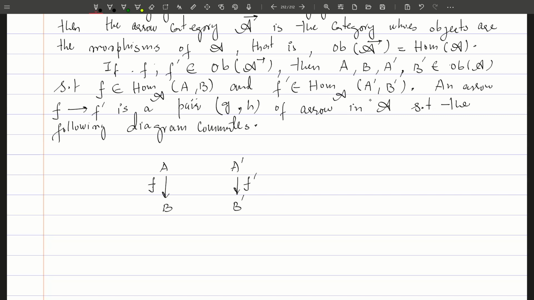We denote that arrow by a pair G and H, where G is an arrow from A to A prime and H is an arrow from B to B prime, such that this diagram commutes.